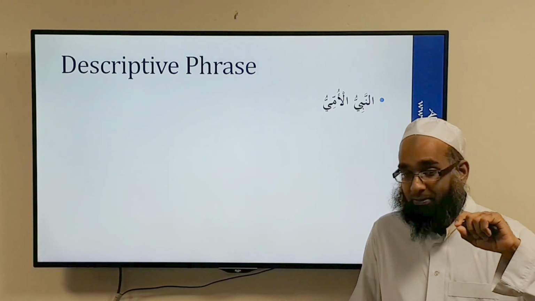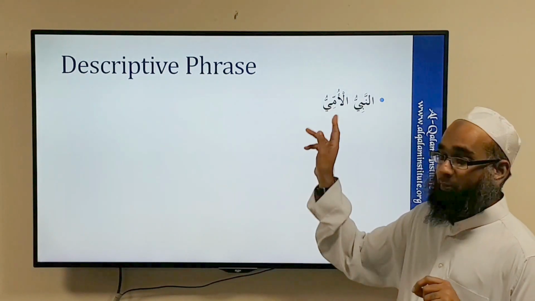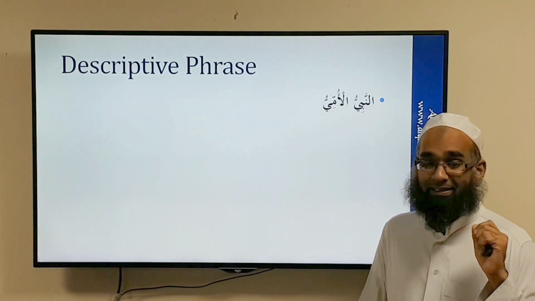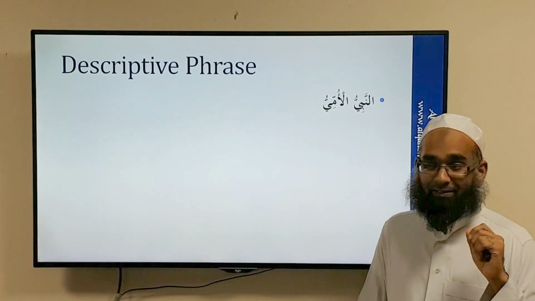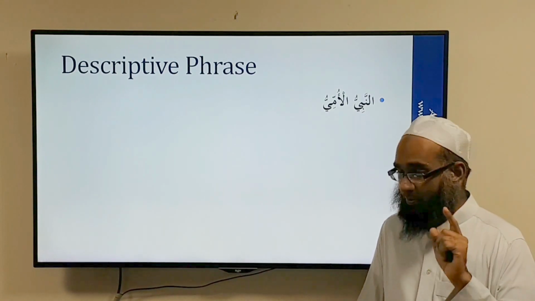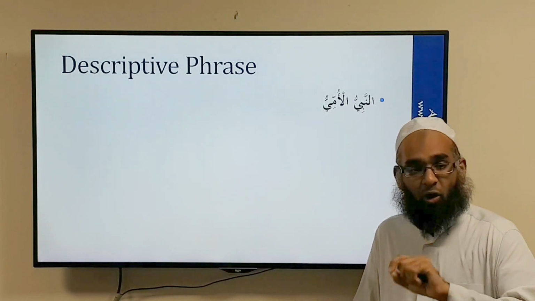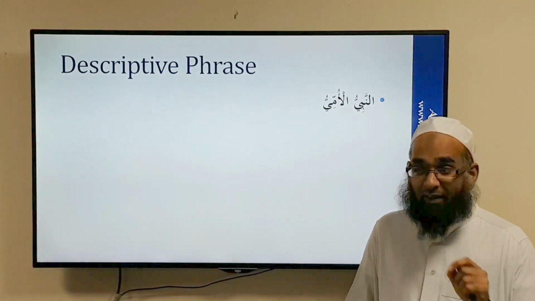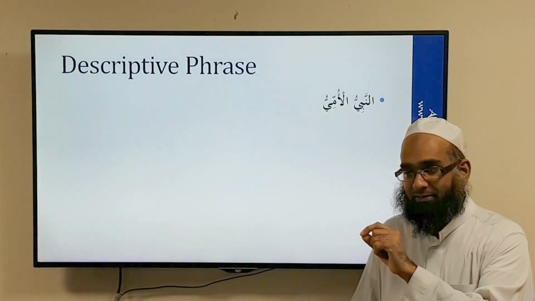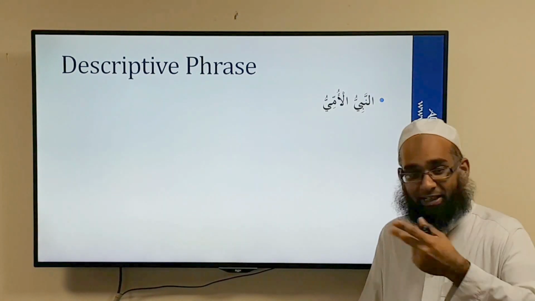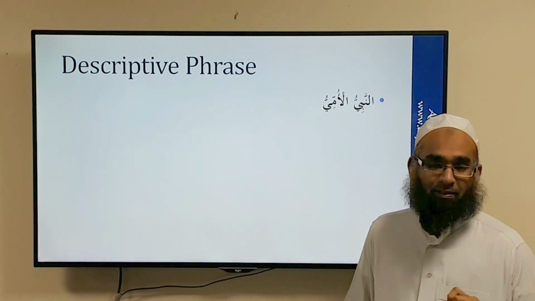In the mubtada khabar, the second word is always what? Adjective. Adjective also is nakira. Okay. So, look at it this way. If they match in ding, it's noun and adjective. If they match in ing and disagree in the d, it's mubtada khabar.